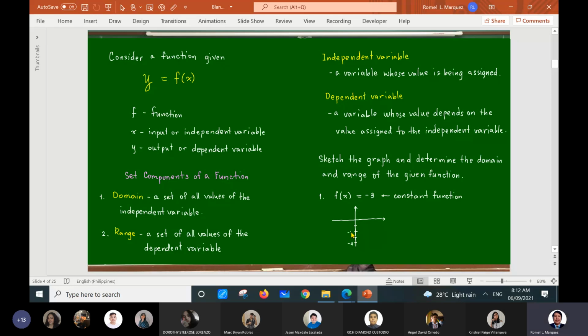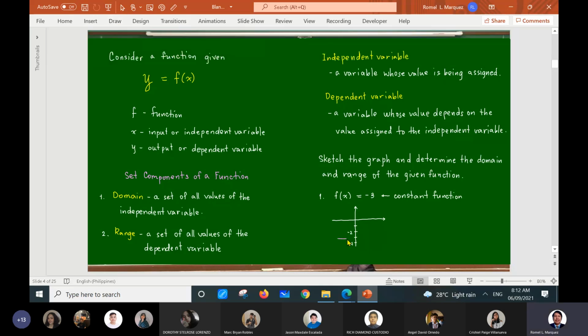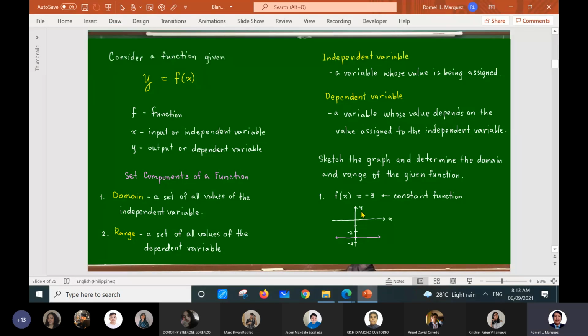This is -2. So this is the graph, a horizontal line passing through y equals -3. Is that clear, guys? So this is f of x equals -3.